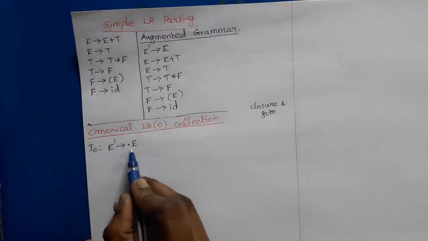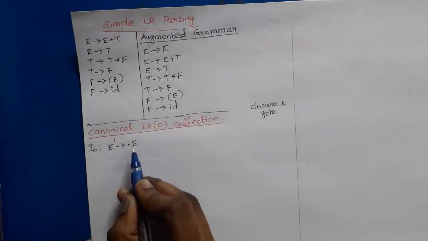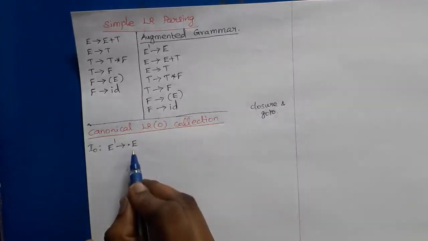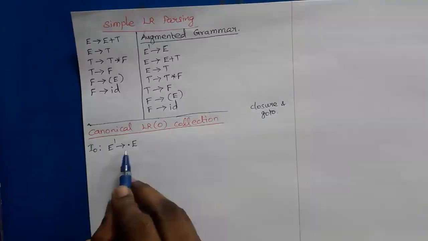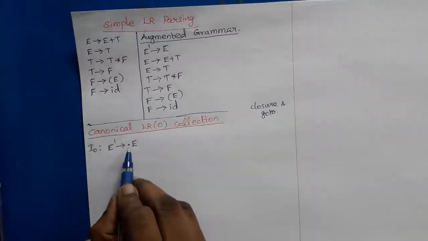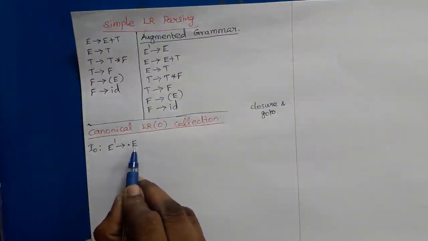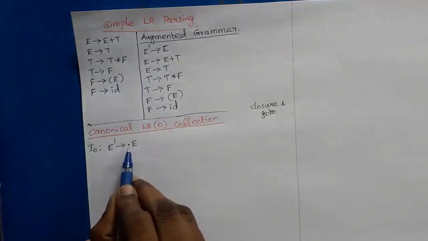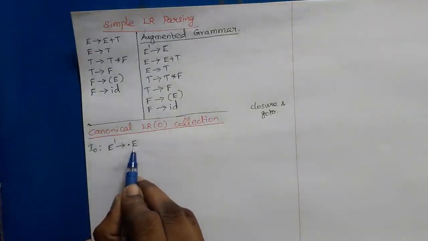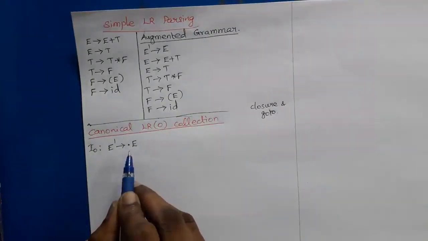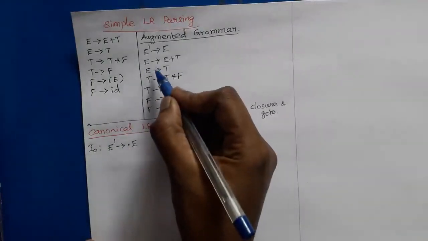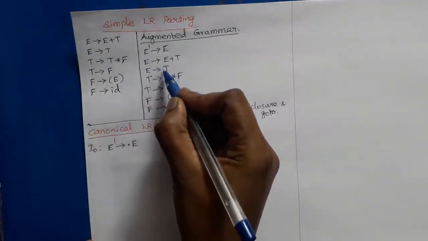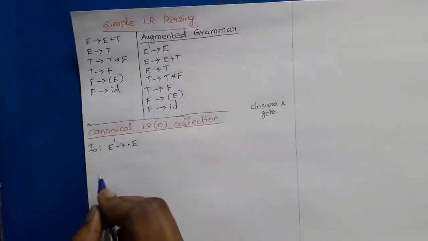So E dash tends to dot E. Then we need to check whether the closure operation is possible in this item. That is, if the dot is followed by a non-terminal symbol or variable, here the variable E, then we need to write all the E productions from the augmented grammar with the dot at the left end of the right hand side.